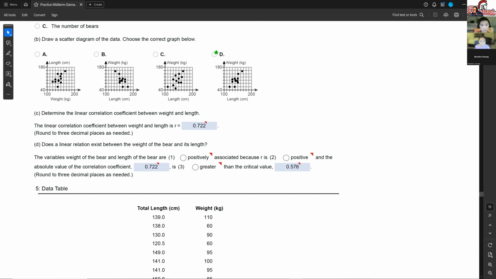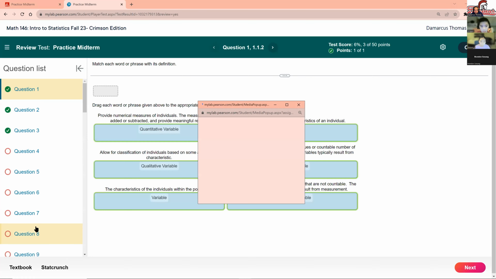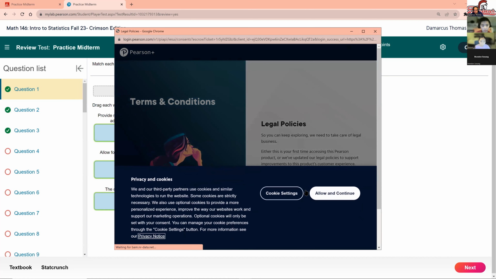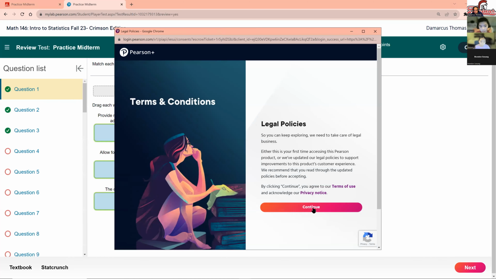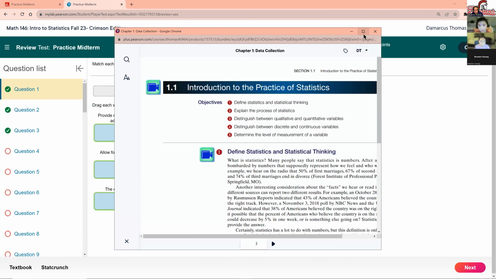And the exact definition of R squared, we could pull it up in the book here. Hopefully my book opens. I'm trying to see what chapter they talk about R squared in.